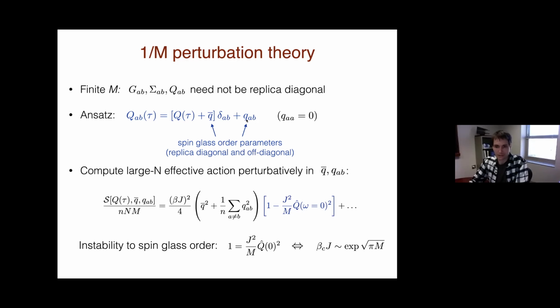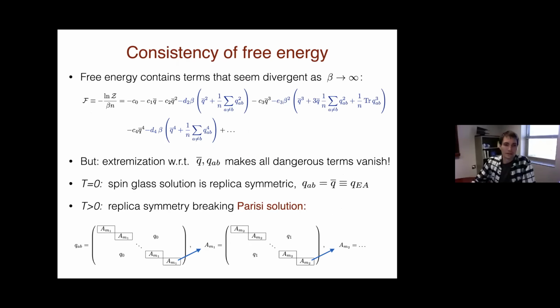If these are non-zero, that will signal spin glass order. And now with this ansatz for Q, we can solve the large M problem perturbatively. Basically, we're going to work perturbatively in these Qs, so in this constant matrix that describes the spin glass order and the replica off diagonal correlations, so the overlap between different replicas. Okay. Now, the thing we set up to compute was the free energy, log Z, this order averaged, sorry.